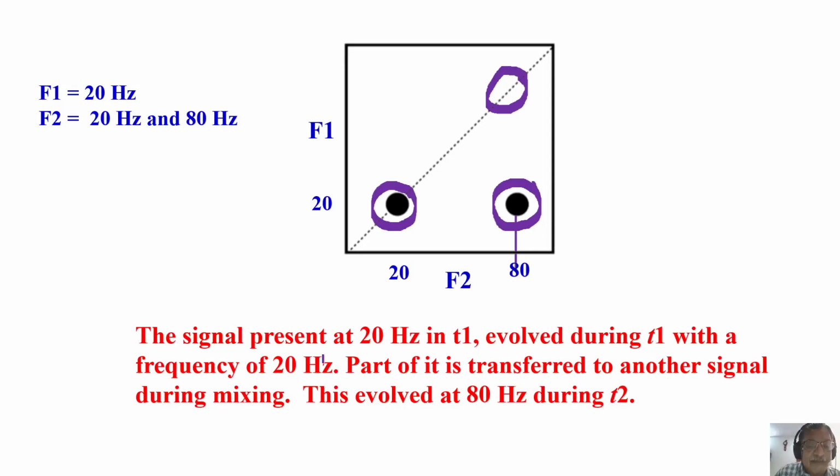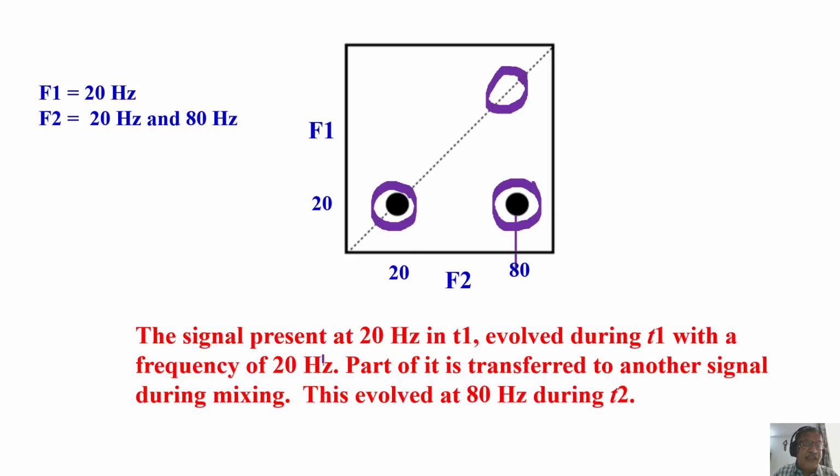This is how you have to interpret any 2D spectrum. I have taken an example of one simple thing. This beautiful spectrum is taken from Keeler's book. You can see that. So now I know how to understand, how to interpret it. I suppose you understood everything. Now we'll go to this class. You understood in depth about 2D sequences, especially the number of possible 2D experiments, what we can get out of which.